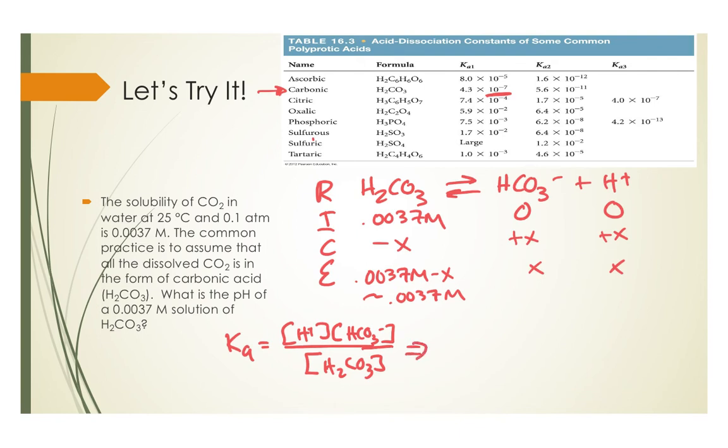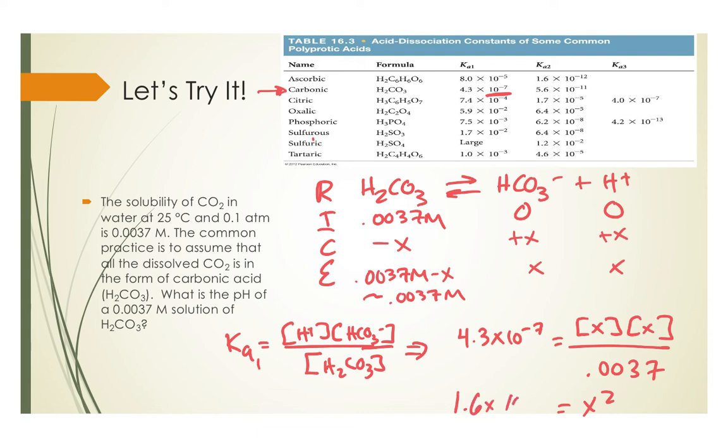Substituting in for that, then, we know that the Ka1 is 4.3 times 10 to the negative 7th. We know that that's going to equal x times x all over 0.0037. Okay, so x squared then equals 1.6 times 10 to the negative 9th, which then means that x equals 4.0 times 10 to the negative 5th.